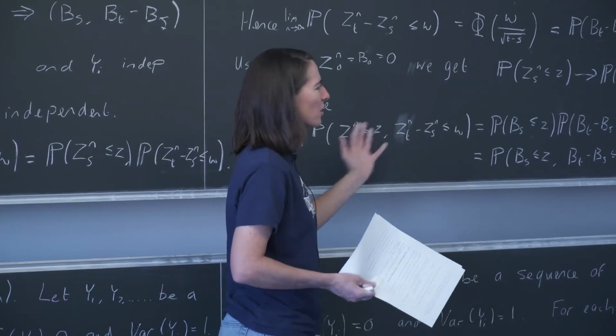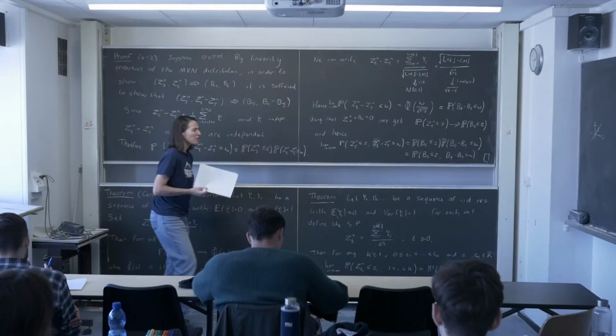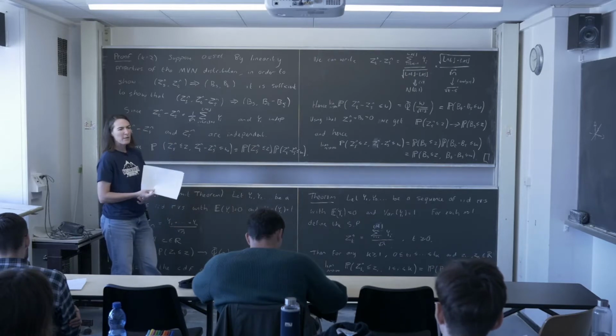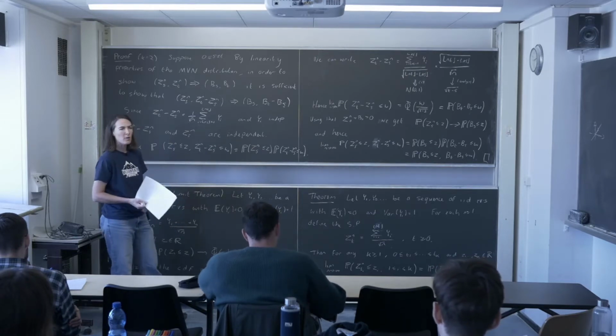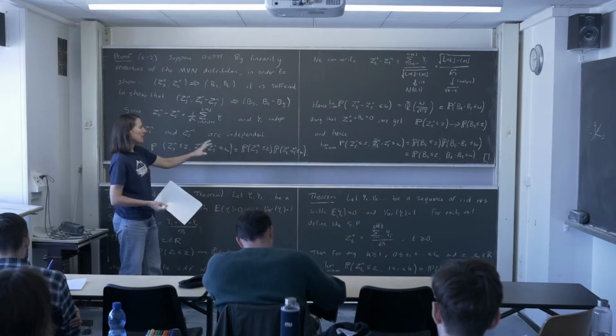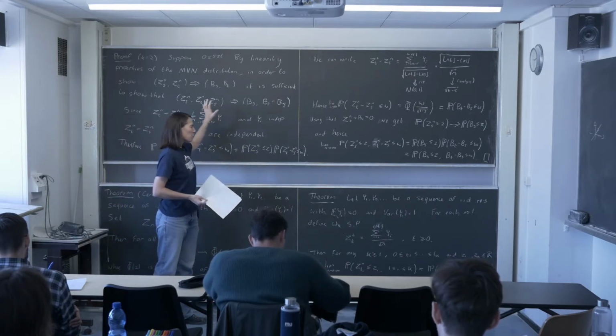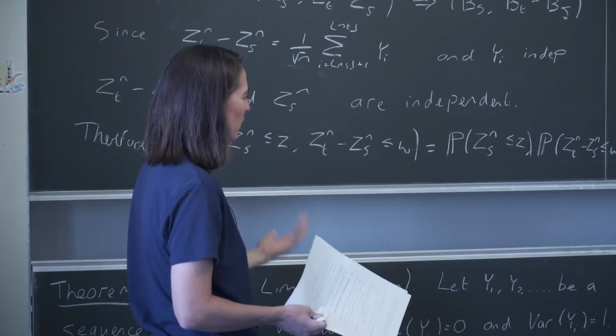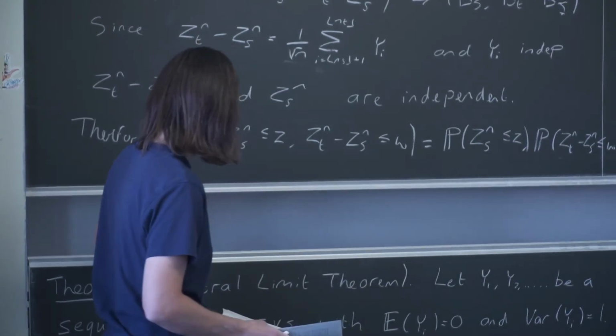I've just shown convergence of finite dimensional distributions. So there's some missing elements there. But if you want to look at the proof of existence, as I said, any textbook on Brownian motion will give it. But what you can hopefully see with this proof is why the conditions are natural conditions to have for this process.